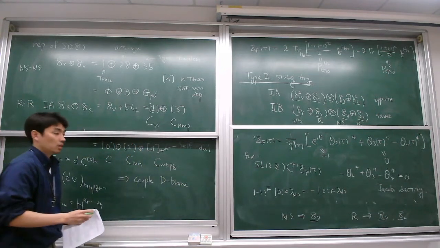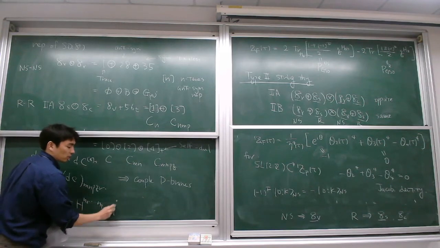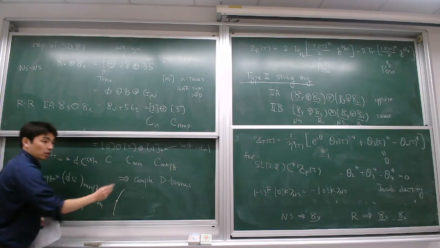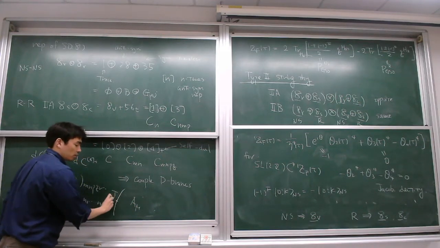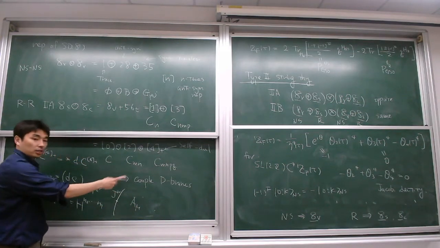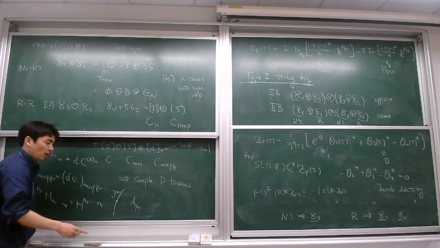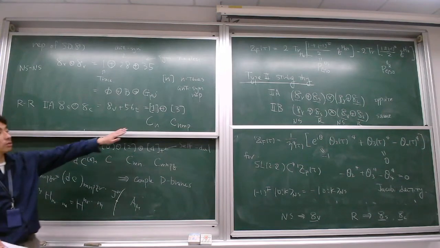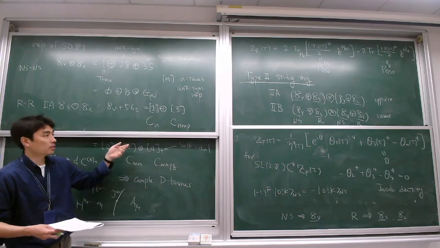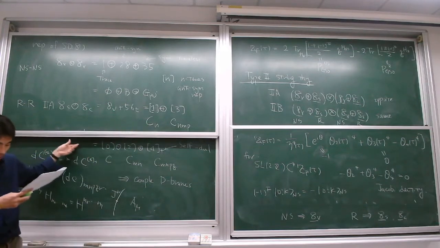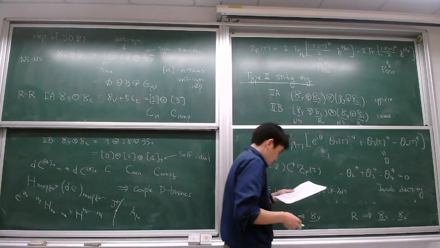If you have a point particle, the electron moving along, this current is coupled to A_mu, the gauge field. But if you have extended objects, they can couple to some other higher form gauge field. The Ramond field can be understood as a higher form gauge field. Okay? So we will see.